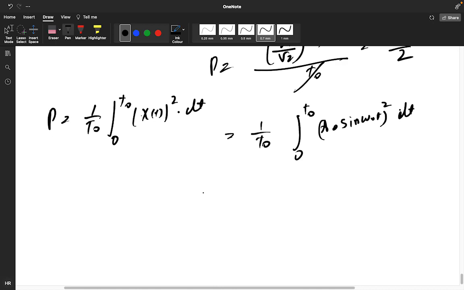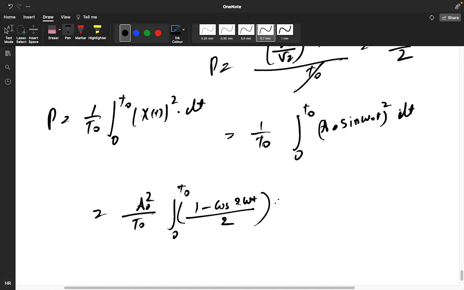So you will get A naught square by T naught, 0 to T naught sine square omega t. How can we write? 1 minus cos 2 omega t by 2 into dt.